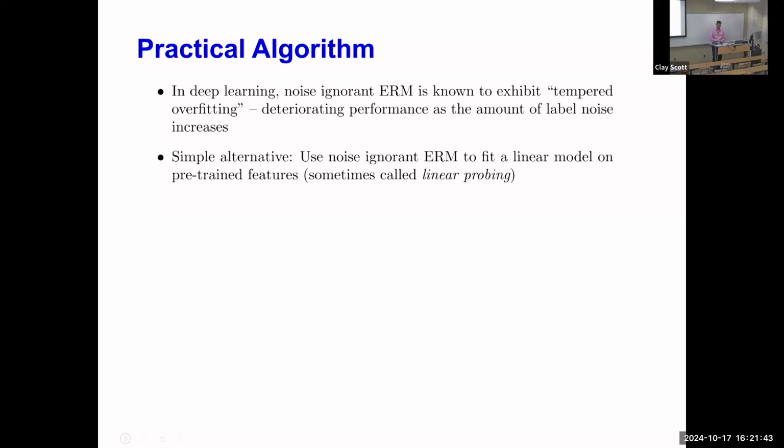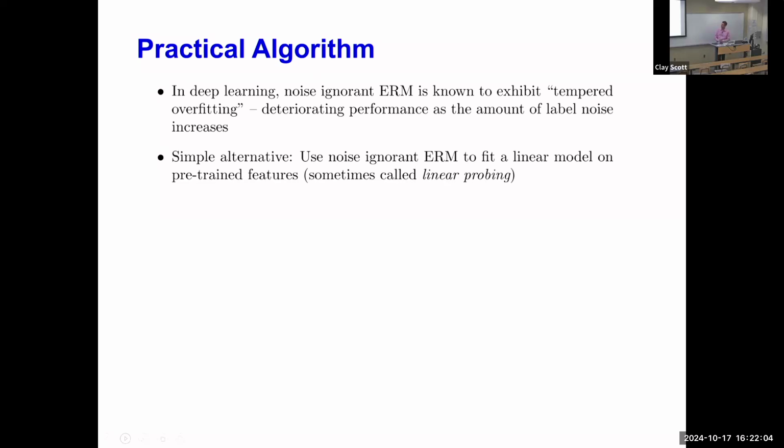That's a phenomenon that's been called tempered overfitting. So you may wonder, how do we reconcile that with the message that I gave previously, which says noise ignorant ERM is good?